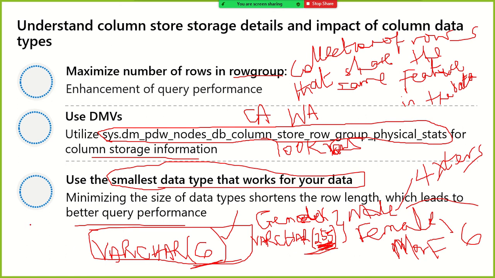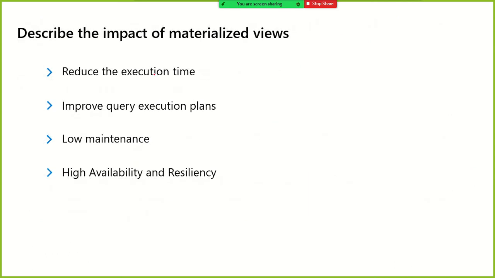Then you can just use a fixed character, just use char, and put 1. That means only 1 character, and that will give you just the space you need. So data type affects the storage space that our data will use.